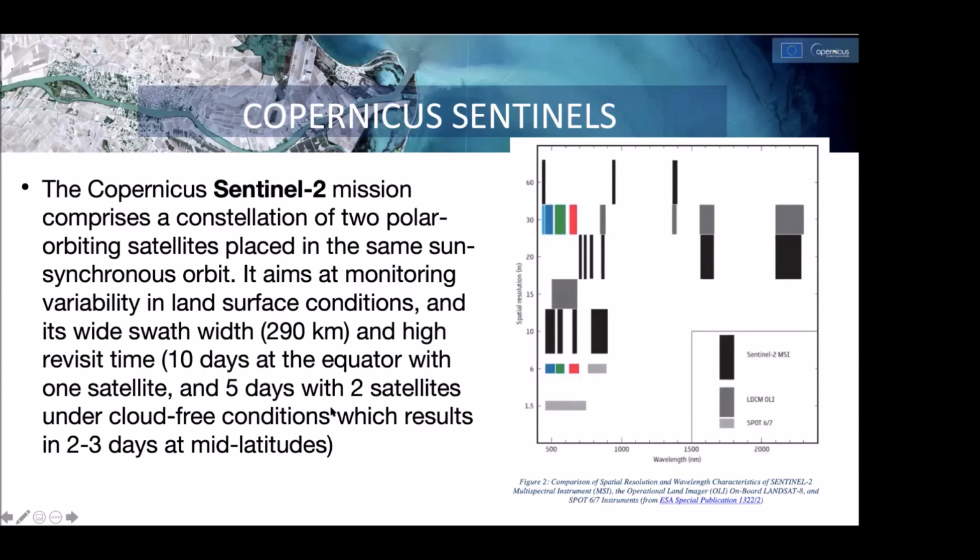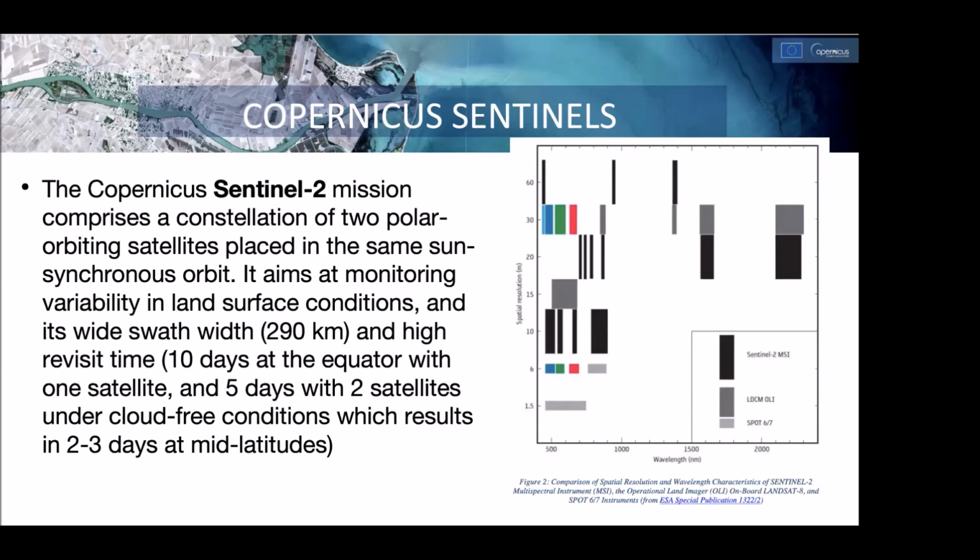And again, if we're looking at your chances of getting a good scene, we're looking at about a revisit of 10 days at the equator. But as we're getting up to higher latitudes, in both Europe and in Svalbard, we're getting much finer spatial temporal resolution, which means you can literally get a good scene every week at 10 meter spatial resolution, which before would never have happened.